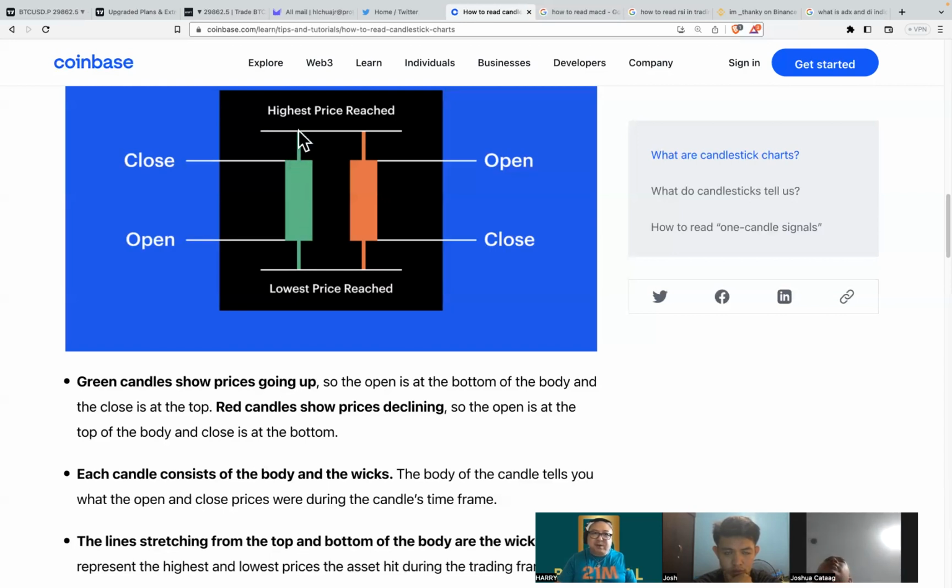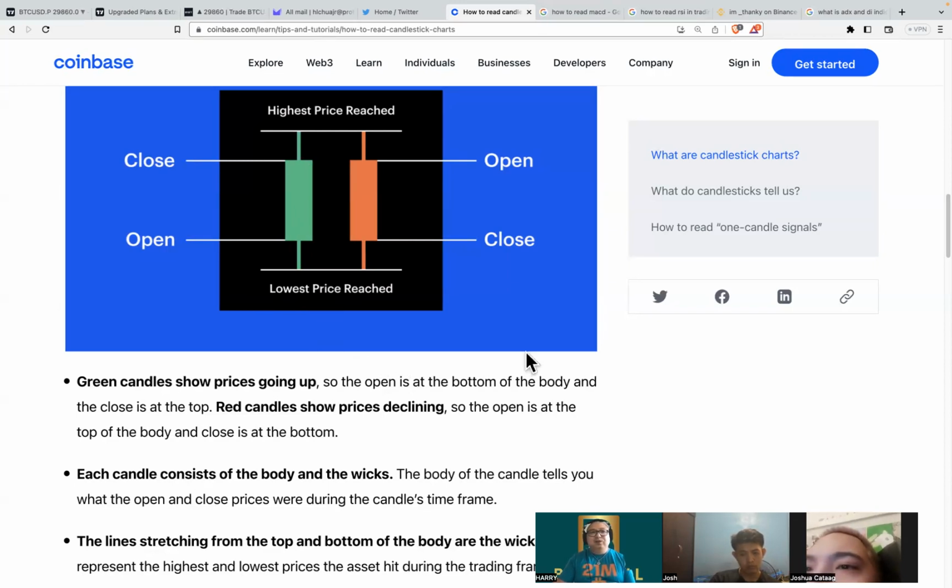So the buyers were here, but sellers stepped in again and brought the price here. Intindihan nyo? Okay? So that's how you close. But because yung close niya is higher than the open, nagiging green siya. Because ang ibig sabihin doon, mas maraming buyers kaysa sellers.